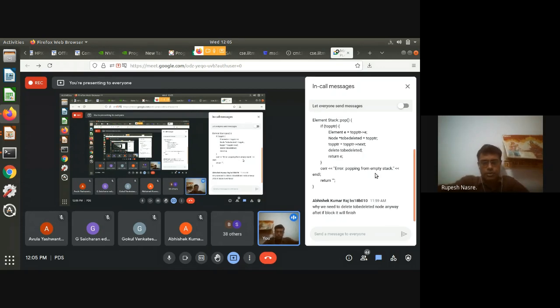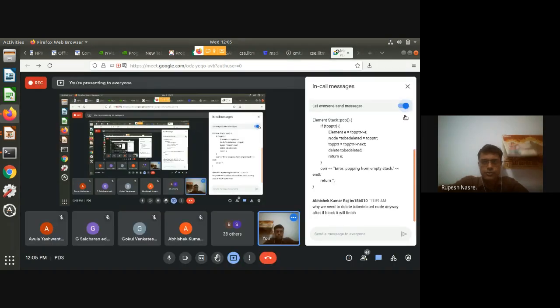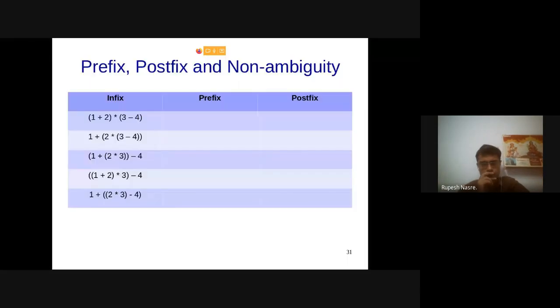All right, so maybe I'll enable the chat at least for the first row. Yeah, so what is the prefix form of the first expression?